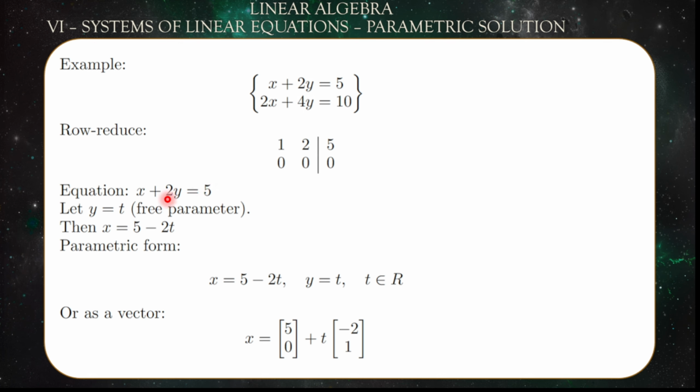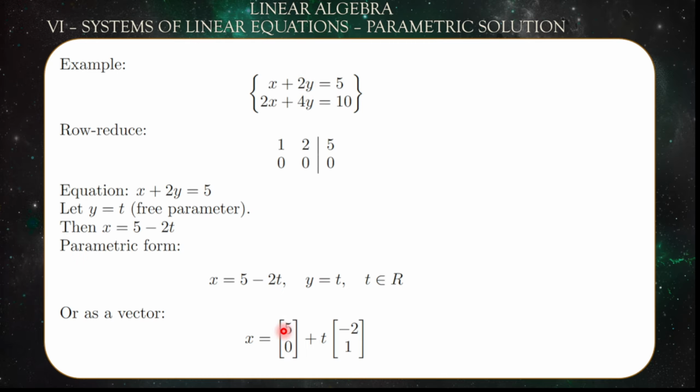So the equation x plus 2y is equal to 5. Let y be equal t as a free parameter. So x is equal to 5 minus 2t. Parametric form, x equal 5 minus 2t, y equal t. Or as a vector, you can put it this way. x is equal to 5 minus 2t, which is, we replaced y by t, and x became 5 minus 2t.